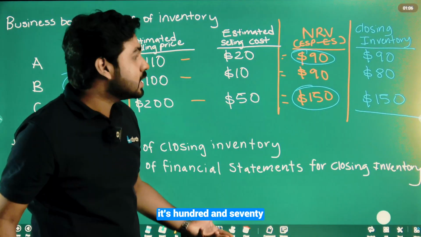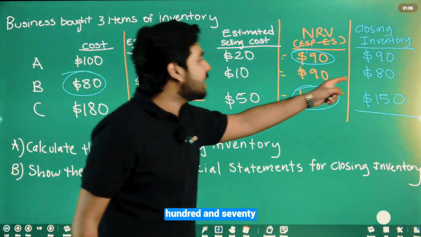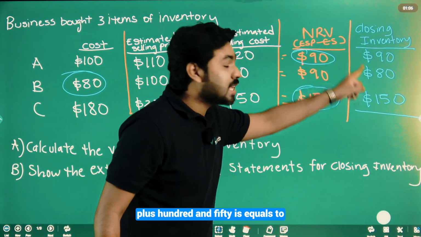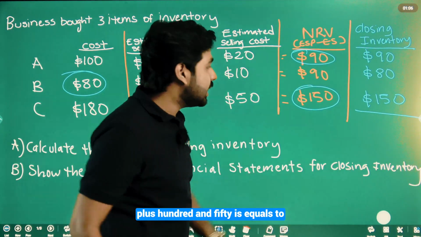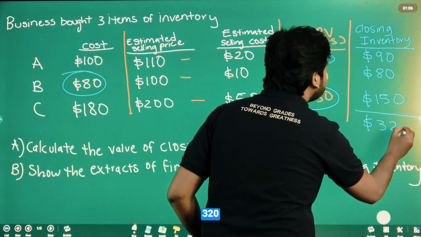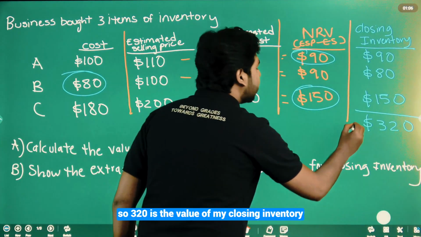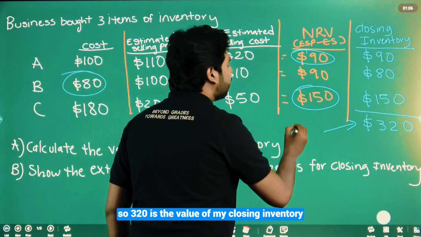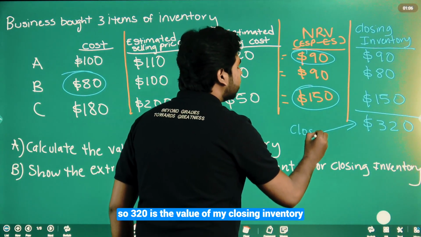It's 170. 170 plus 150 is equal to 320. So 320 is the value of my closing inventory.